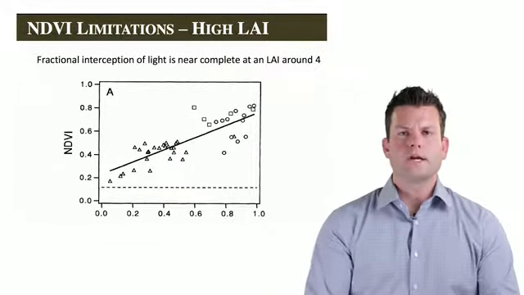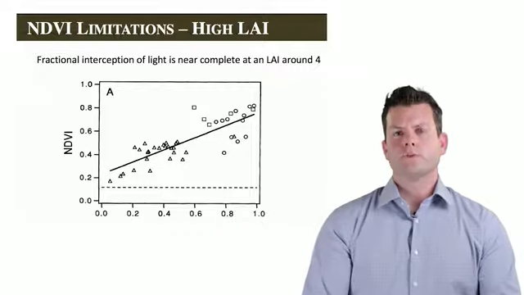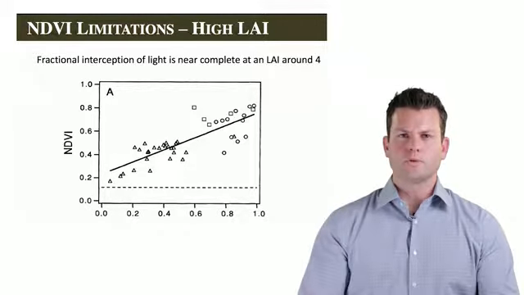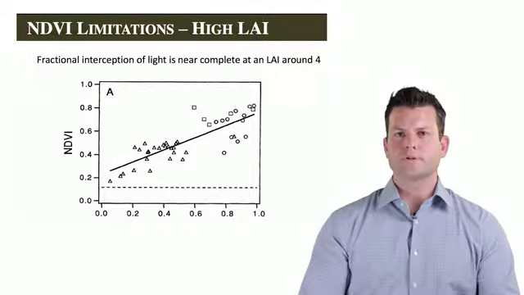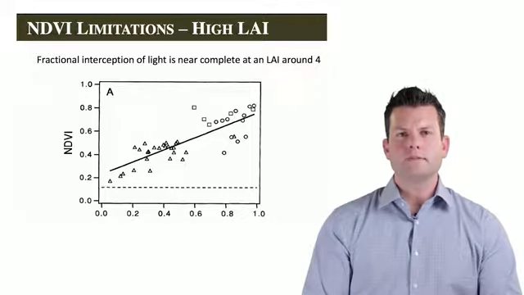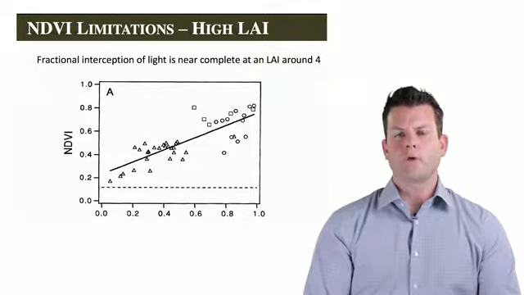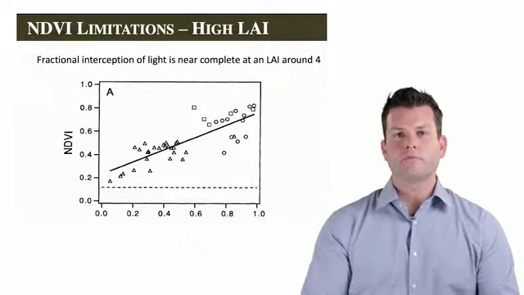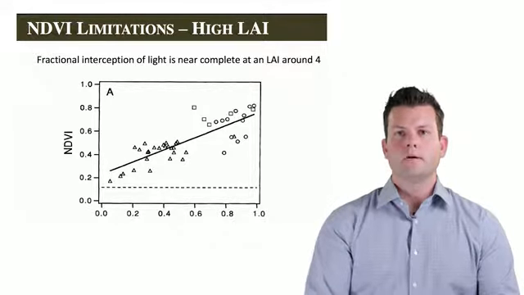So I will interject just this caveat really quick. Yes, NDVI saturates at high LAIs. However, if your purpose is really to get at the fractional interception of light, NDVI tends not to have the saturation issue. So you can see here that FPAR, or the fractional interception of photosynthetically active radiation, is nearly complete far before NDVI saturates.